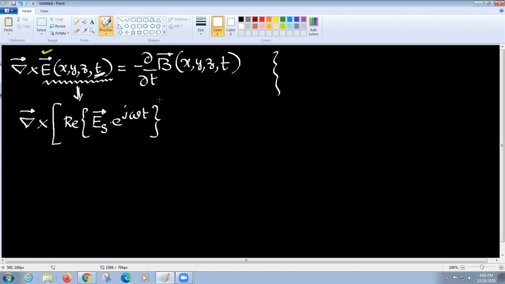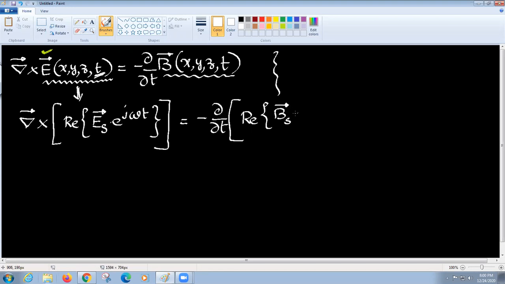So curl of E is equal to, now what you have, minus dou by dou t of B. I take this instantaneous B in the combination of both Phasor and time harmonic stuff. So Phasor form of B is this, so B is e power j omega t.